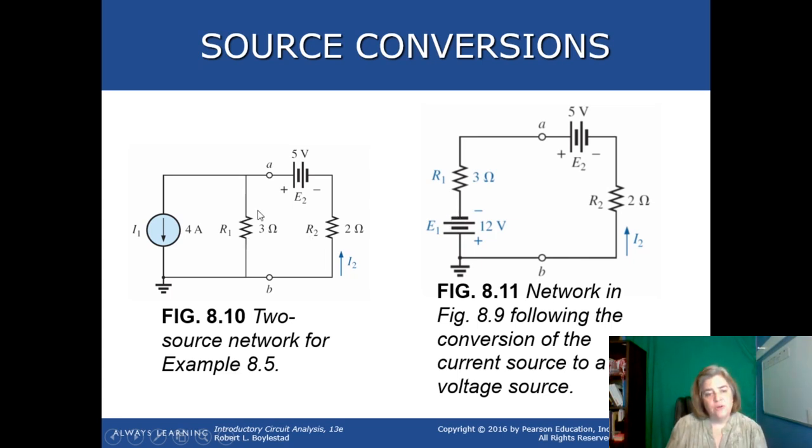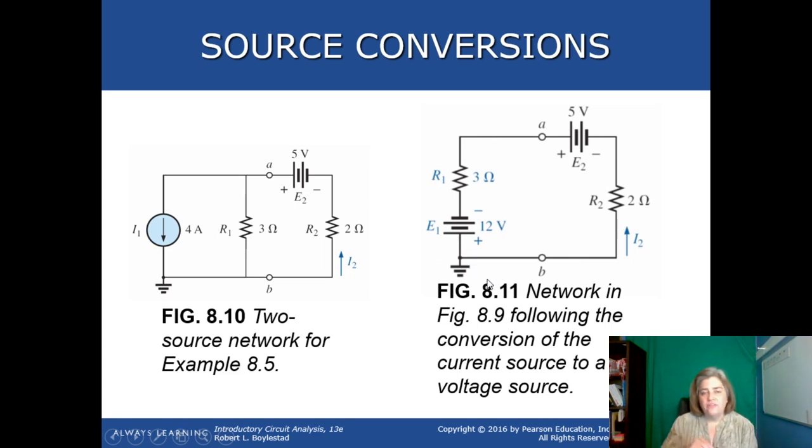And then this 3 ohm parallel resistor for the current source becomes a 3 ohm series resistor for the voltage source. Most important thing to remember: a voltage source has a series resistor, the current source has a parallel resistor. Okay, keep that in mind. Now when we removed this current source and replaced it with a voltage source, look what happened.